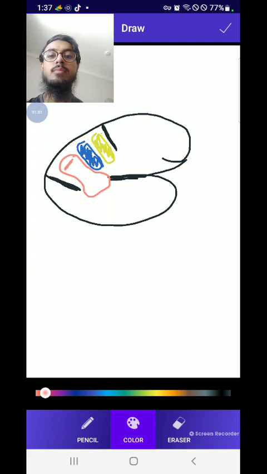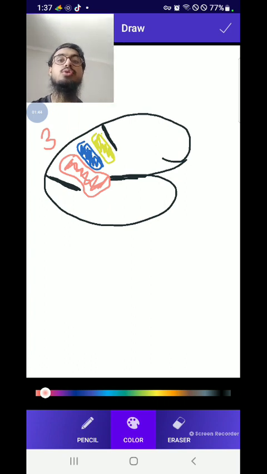What is this area? Number 3. This is the posterior association area. And the other name of this area is multimodal association area.